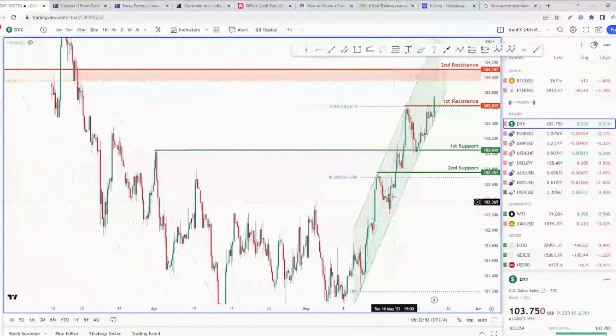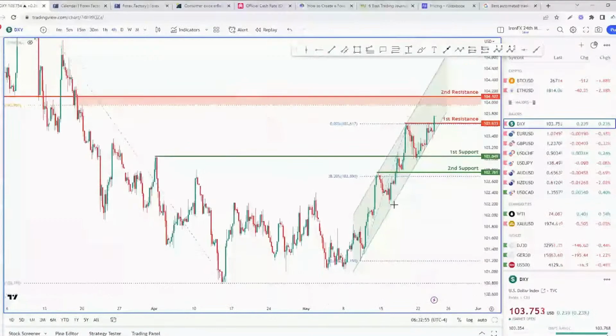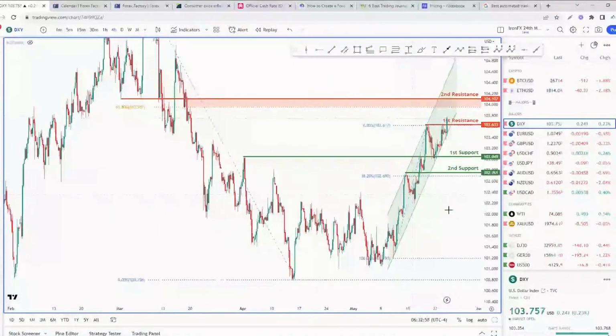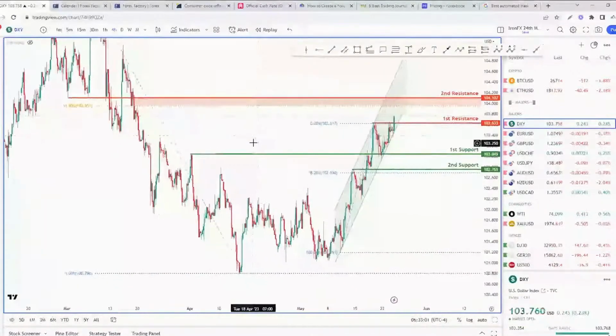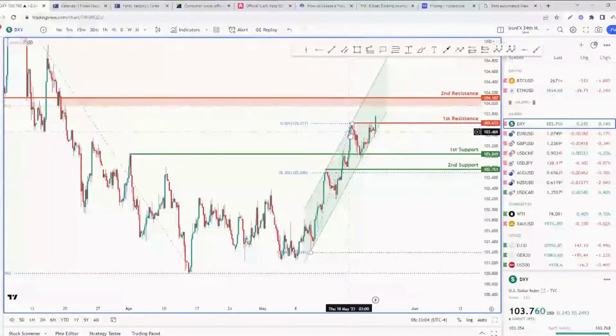Let me quickly show you how we identify various support levels, overlapping support and resistance levels. In this example, we can see that on 18th of May, the dollar index hit 103.60, retreated and fell to 103, and then bounced higher, found resistance at 103.60 yesterday, before finally breaking through it today.